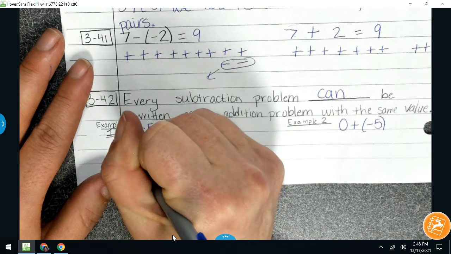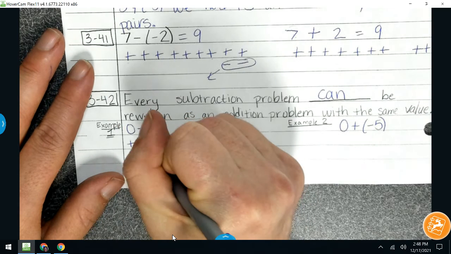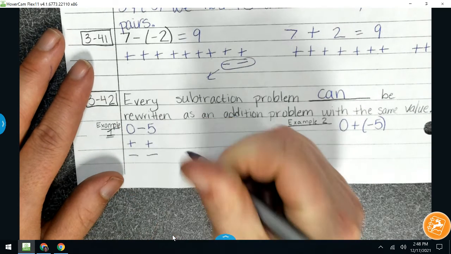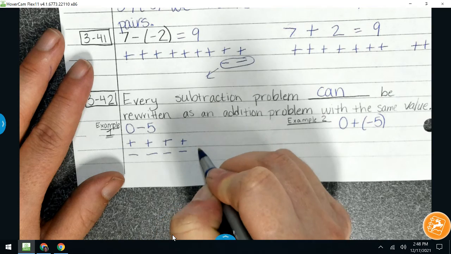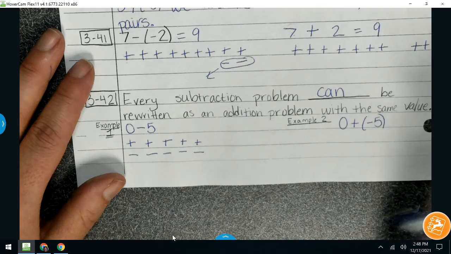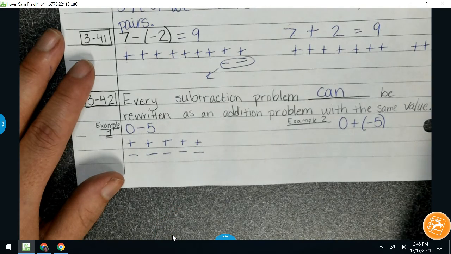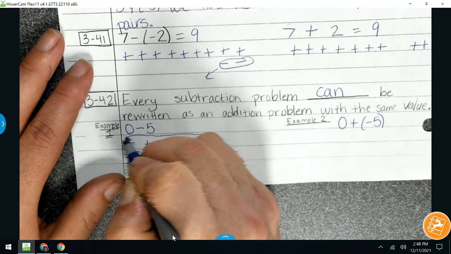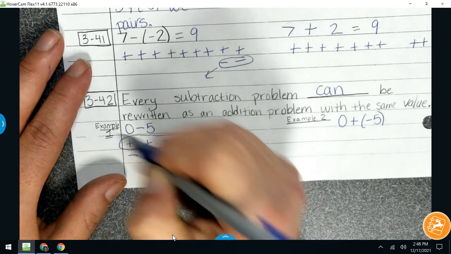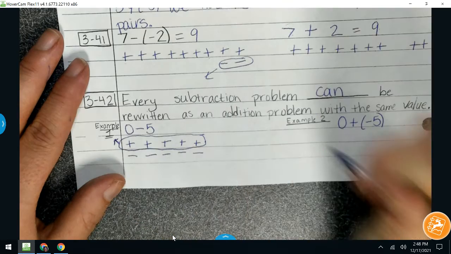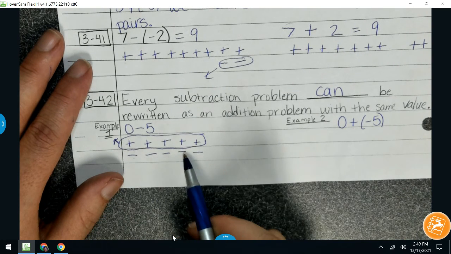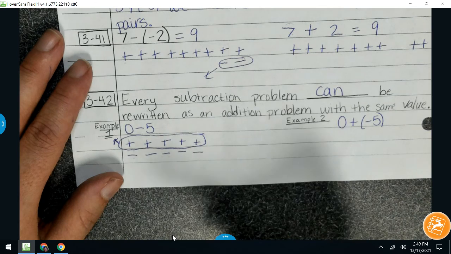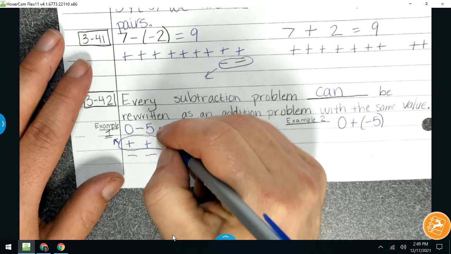So I have 0 plus 0 plus 0 plus 0 plus 0. Now I have +5 to take away. So I'm going to go ahead and circle those and show that I'm removing them. And I'm left with 1, 2, 3, 4, 5, but not just 5, but -5.